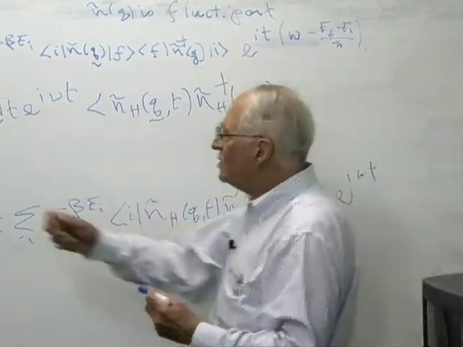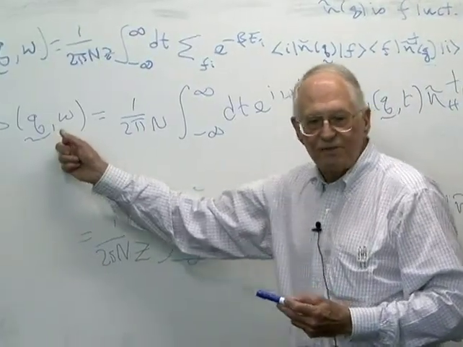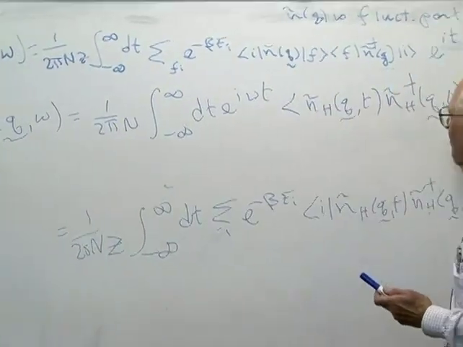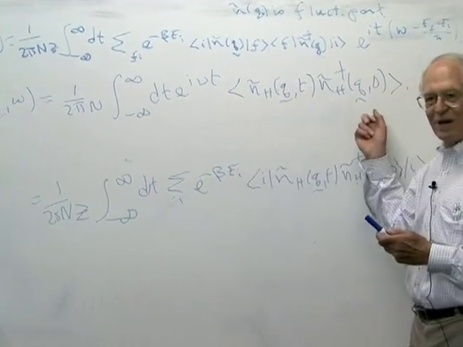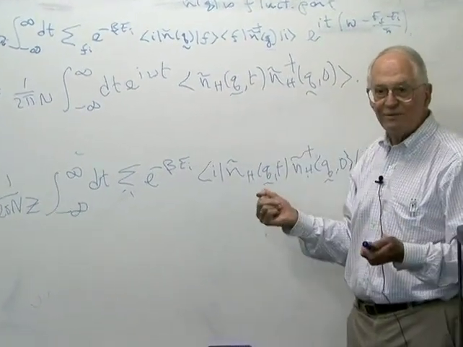And so S of q and omega, which you measure by neutron scattering, is exactly the time Fourier transform of two Heisenberg operators at different times.